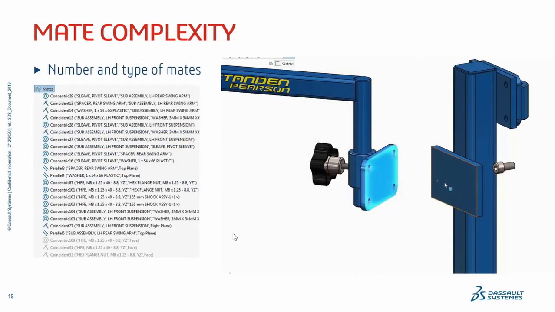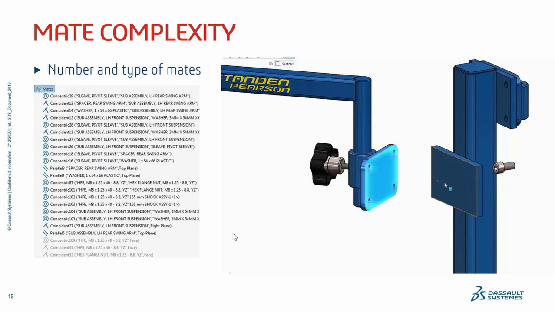Second, the most important, that is the mate complexity. I see a lot of users forget that SolidWorks has very dynamic and feature-rich tools where you can reduce your number of mates. Suppose you want to add a fastener to these 4 holes that I have shown in the image in the bracket.